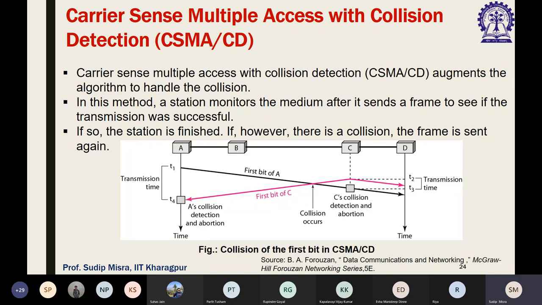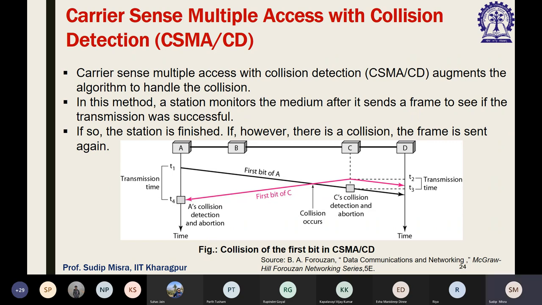It can minimize the number of collisions, but CSMA does not specify what a particular station is going to do if a collision has occurred.